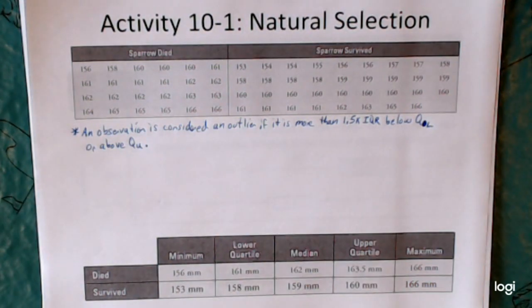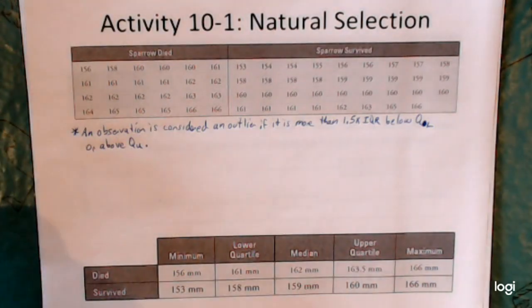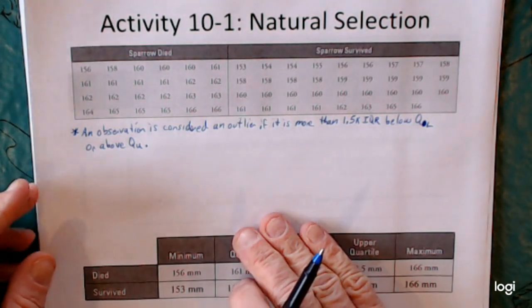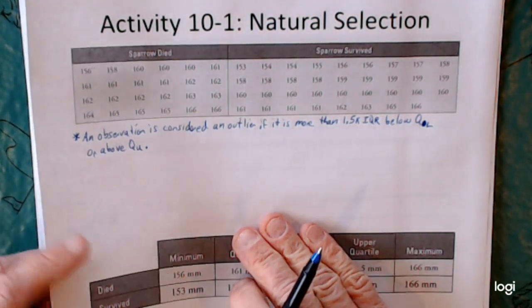So an observation is considered an outlier if it's more than 1.5 times the interquartile range below the first quartile or above the third quartile. Again, that sounds complicated. Let me talk about what it means.